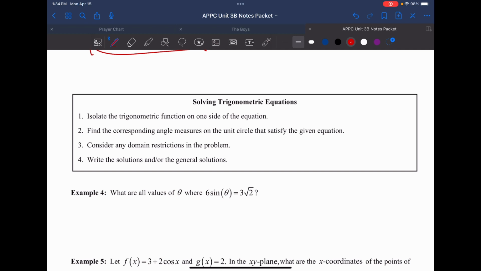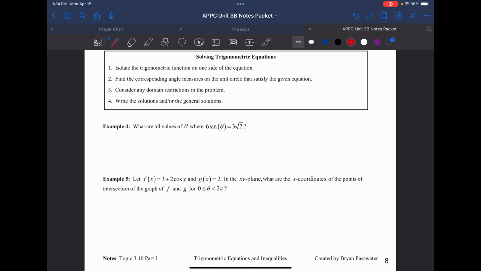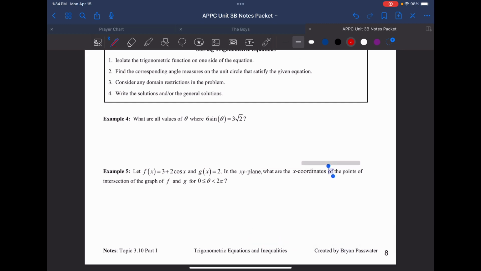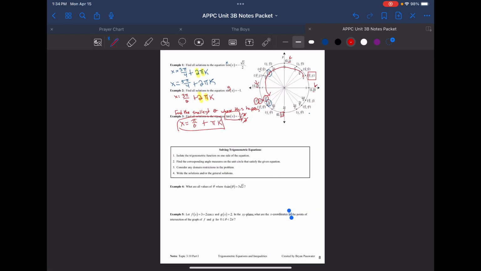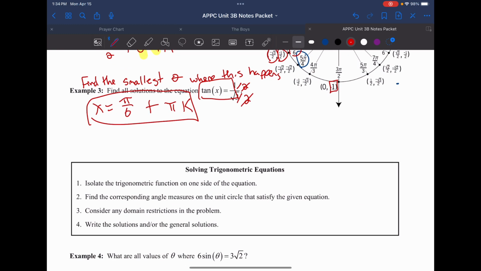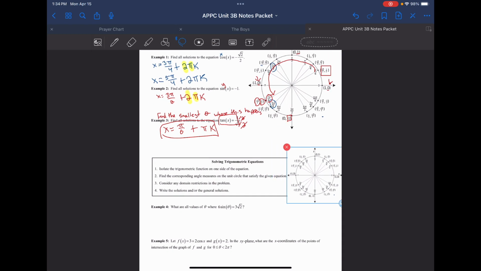And when I'm solving trig equations, it's very similar to this. So I'll paste another unit circle right here. There we go.